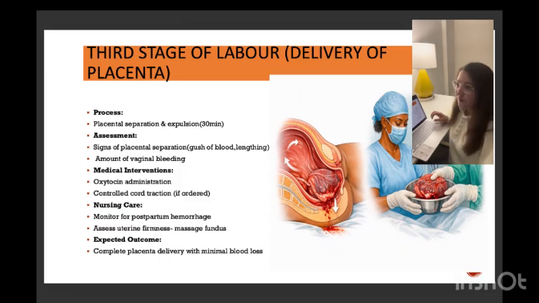If the fundus is boggy, we monitor whether the mother voids after delivery of the baby. And if it's boggy, we need to massage it so it will be firm. The expected outcome is complete placenta delivery with minimum blood loss.